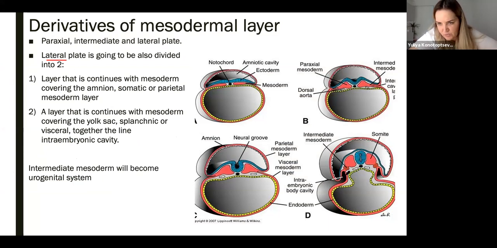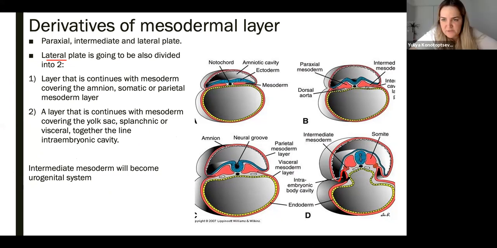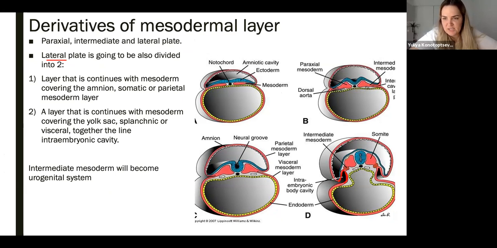We talked about the lateral plate. Could you tell me, how do we call this? Parietal mesoderm. How do we call this? Visceral mesoderm. So these are of the lateral plate. Paraxial mesoderm is the one in the center, surrounding your neural tube and notochord.